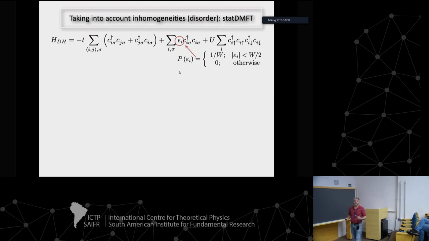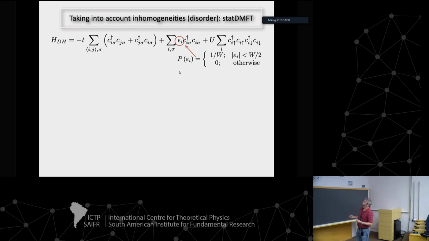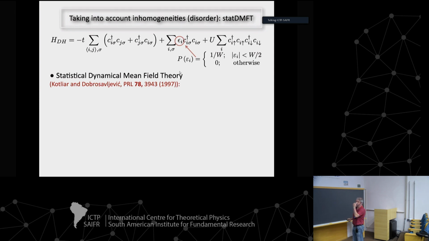Of course, the first thing you think of doing is to introduce disorder in the Hubbard model. You can put a site disorder term in the Hubbard model, distributed somehow. It could be a uniform distribution, it could be a bimodal distribution. It doesn't matter too much. And then you want to solve this problem.